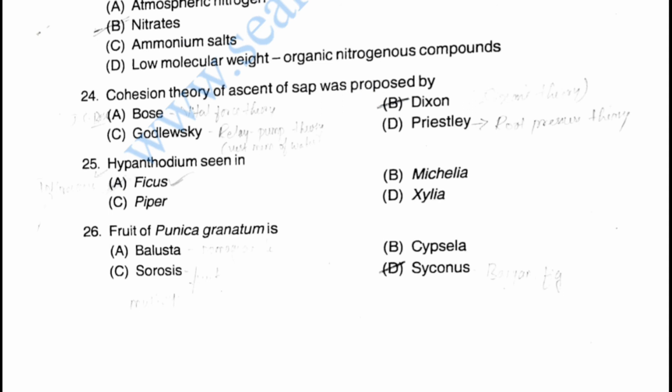This is the question paper of a student, and perhaps he has answered Psychonos, but no, the actual answer is balausta. Clear? So once again, what is the fruit of Punica granatum? That is the balausta.